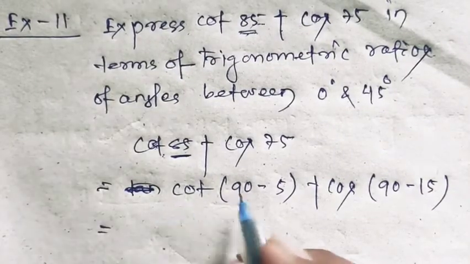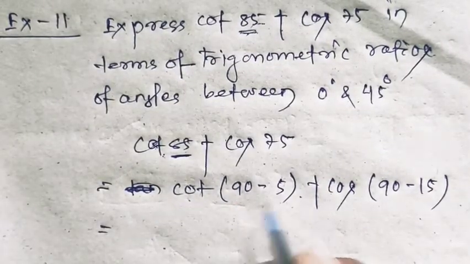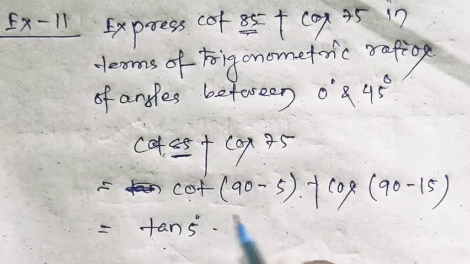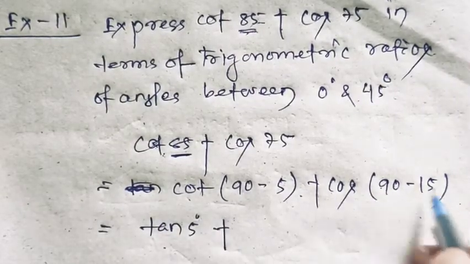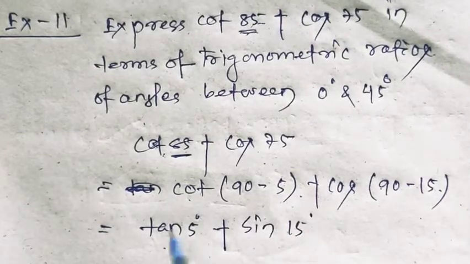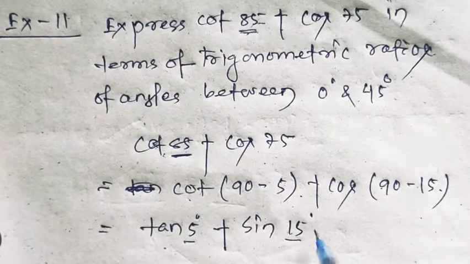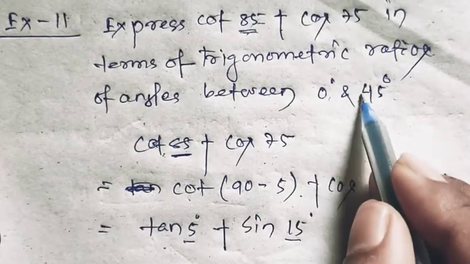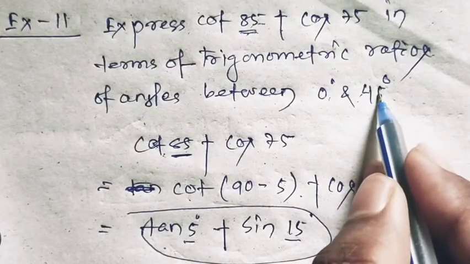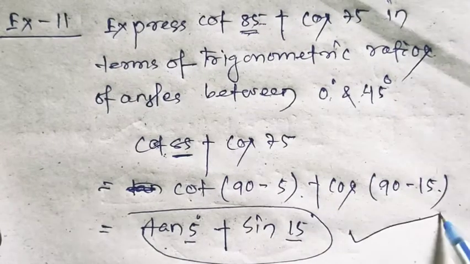We know cot(90 minus theta) is equal to tan theta. That implies tan 5 degrees plus cos(90 minus 15), which is sin 15 degrees. So here 5 and 15 are less than 45 and greater than 0. So this lies between 0 and 45, right? So this will be your answer.